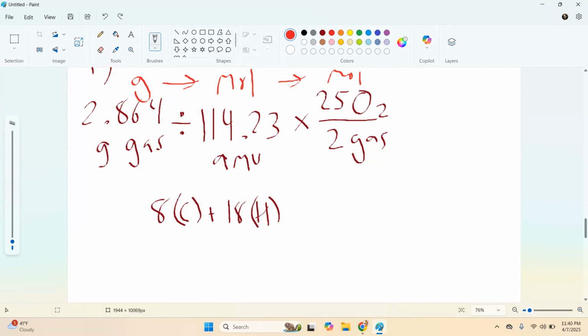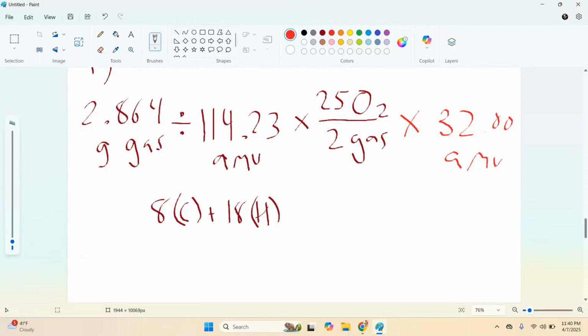Now at this point, you would think that you would multiply by the molar mass of O2, 32.00 AMU. But that is wrong because this problem does not want an answer in grams. It wants an answer in liters. So I'm just going to hit equal and figure out how many moles of O2 we're going to need.